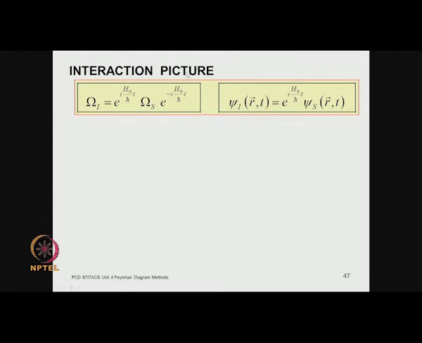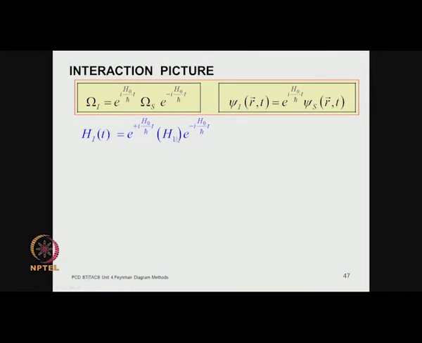We are doing this analysis in the interaction picture, in which the Schrodinger picture operators transform to interaction picture operators using this, and the Schrodinger picture wave functions transform to the interaction picture wave functions using these relations. So, we discussed this in our previous class.